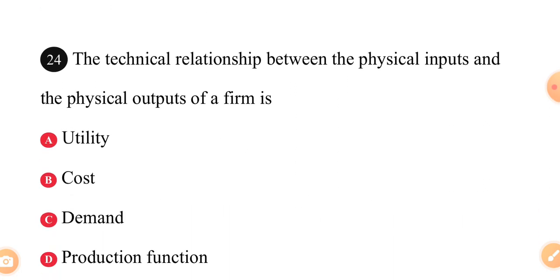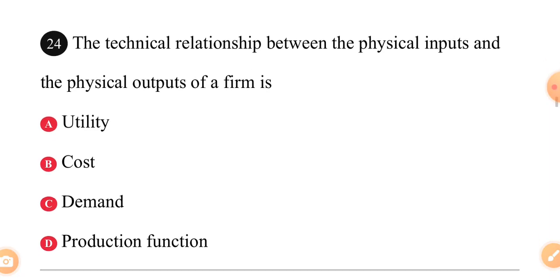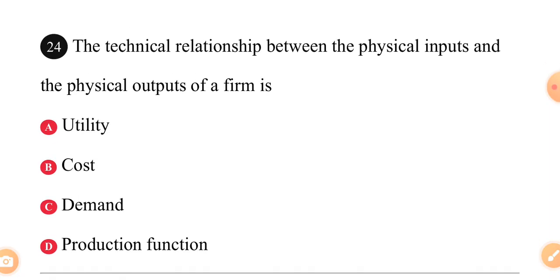Question 24. The technical relationship between physical input and physical output of a firm is dash. A, utility. B, cost.